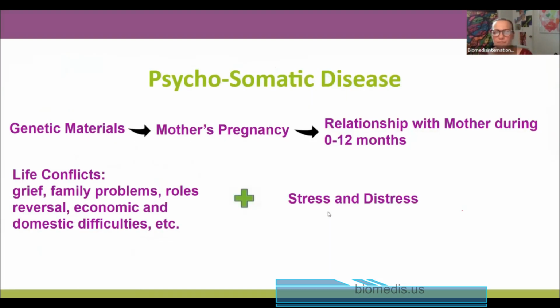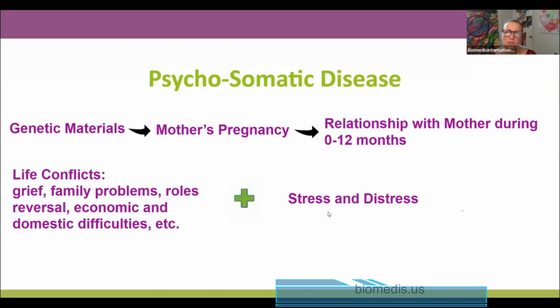Psychosomatic diseases are the effect of stress and distress and all life conflicts like grief, family problems, role reversals, economic and domestic difficulties. But the roots of the problems go back to genetics, pregnancy time, and the first year of the baby's life.